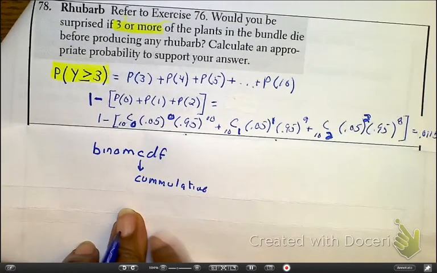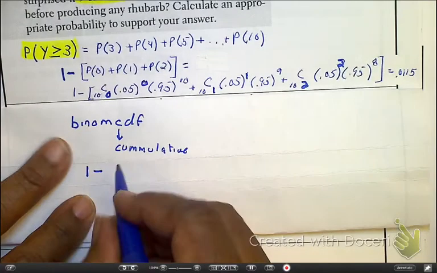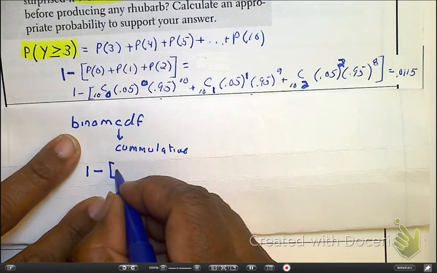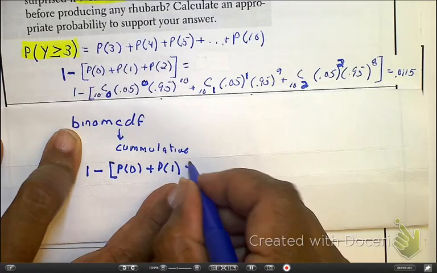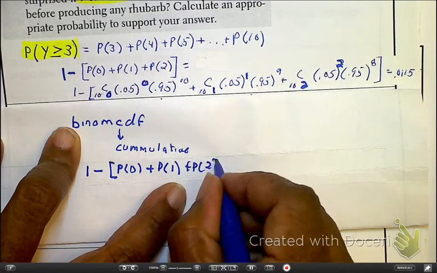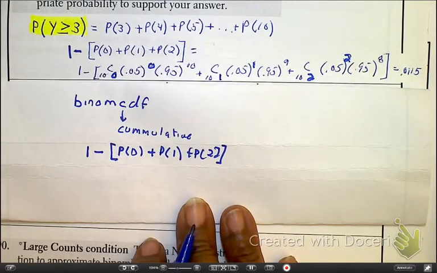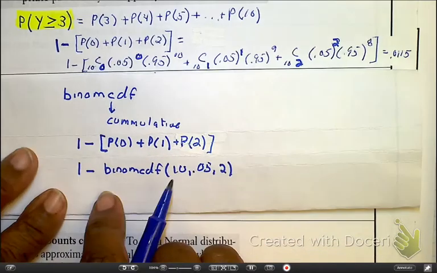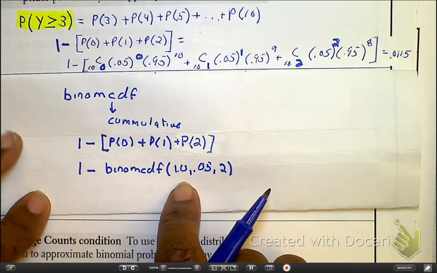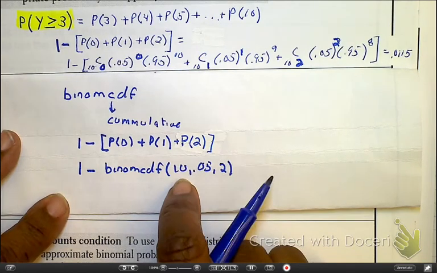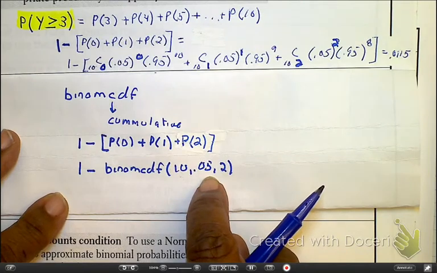Okay, so how would this be put into the calculator? I'm still going to be using 1 minus the probability of 0, 1, and 2, except I'm going to be finding 1 minus binom CDF, which means that here, the fixed number of trials is 10. Here your probability is 0.05.